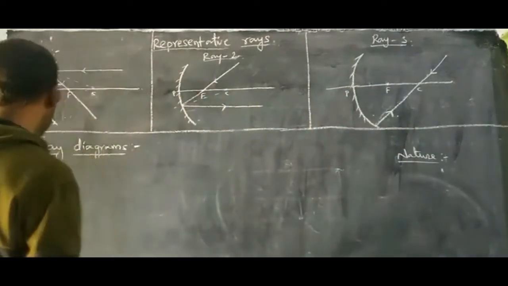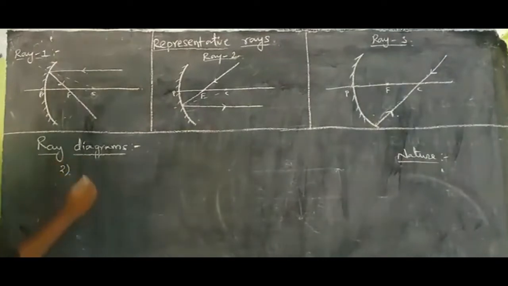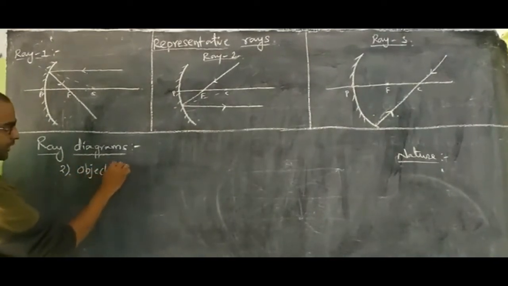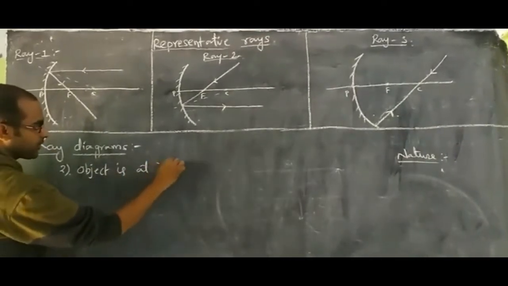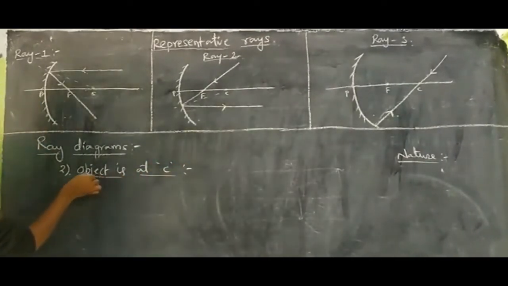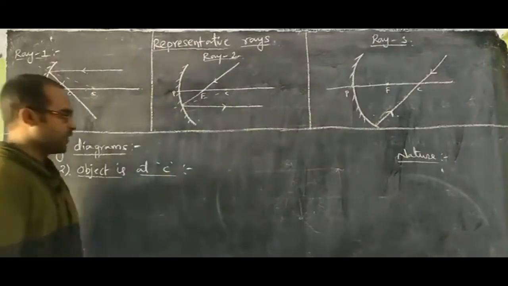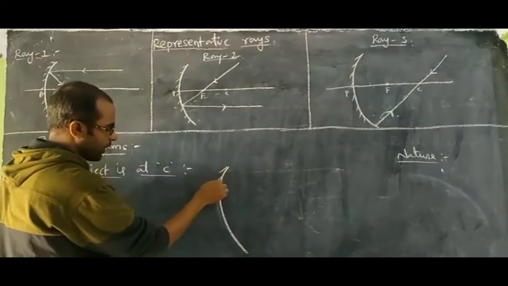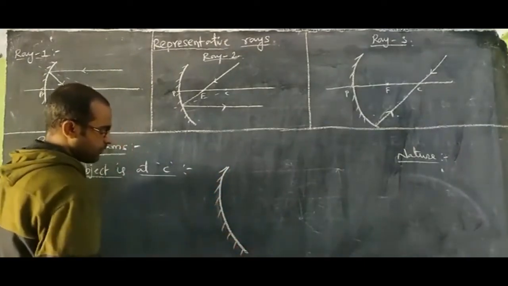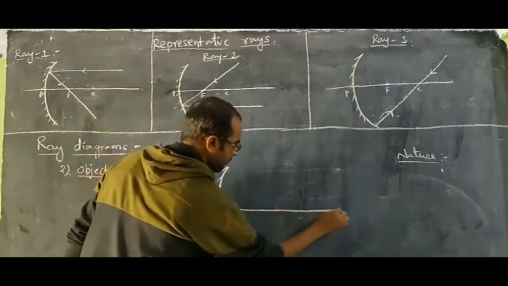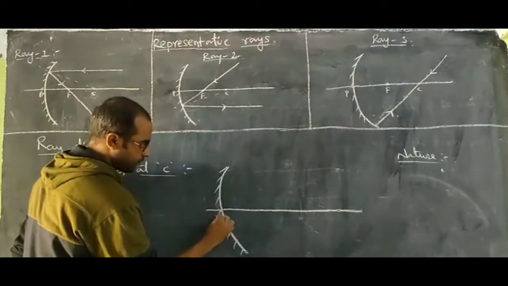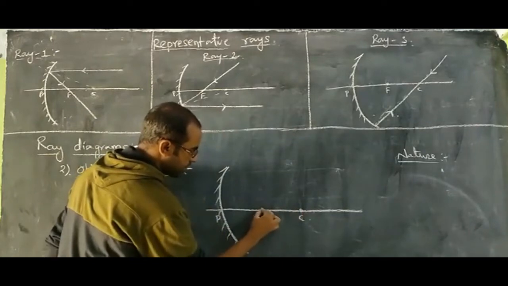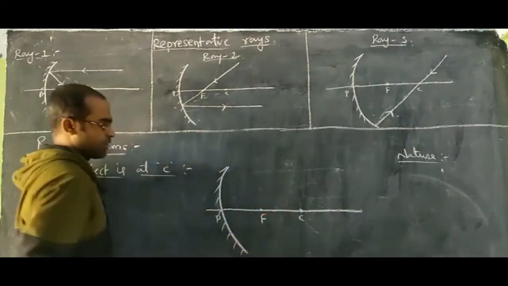Let us see the second situation, when the object is at the center of curvature. Let us take the same diagram again: concave mirror, principal axis, pole, center of curvature, focus.